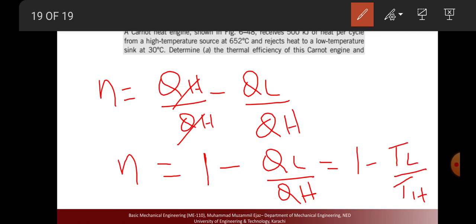TL is the temperature of the heat sink, and TH is the temperature of the heat source. With this simplified formula, we can easily calculate the efficiencies, the work done and any remaining unknown parameter, like to solve the above numerical.